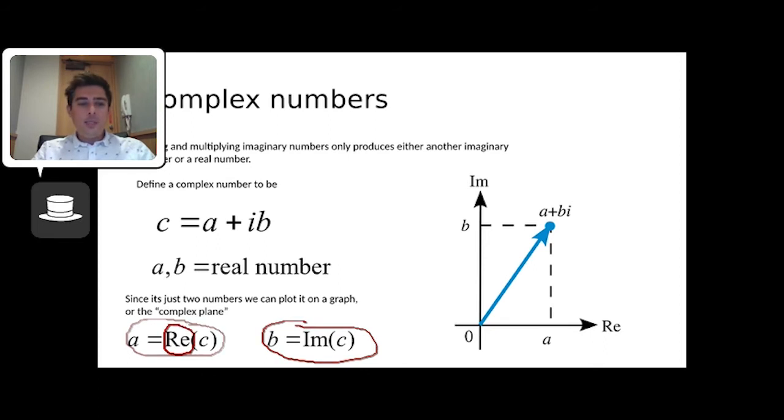If you have a complex number c, then Re of c pulls out the part of the number which is only real, and Im stands for imaginary, and this pulls out just the imaginary part of the number. So these numbers a and b can be whatever number you like.